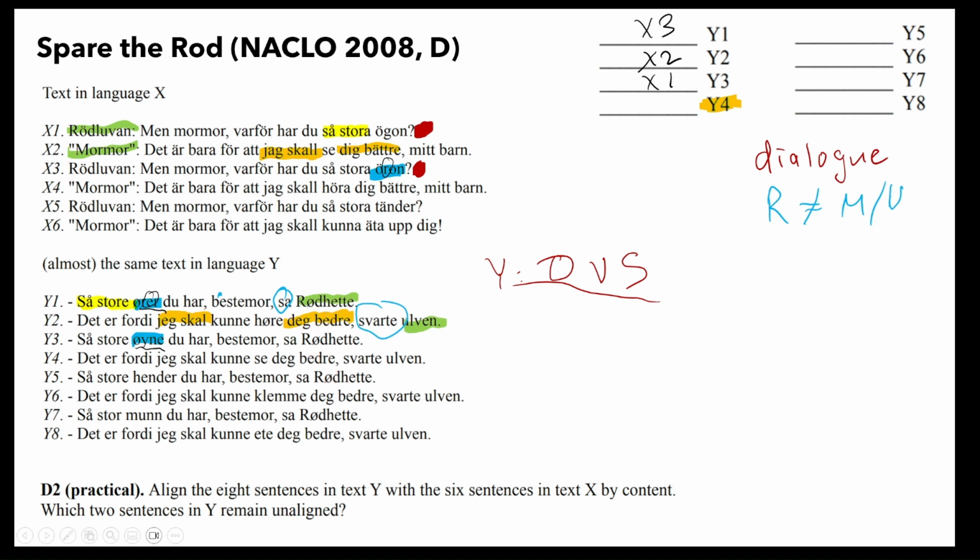So it's just these words that we're finding here and here and here and here, right? So we just have to match those two together.